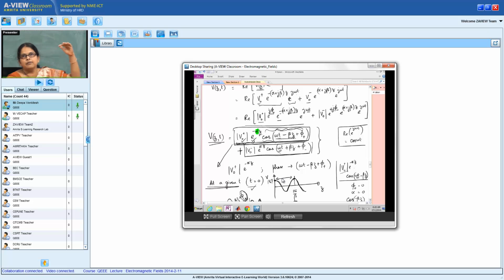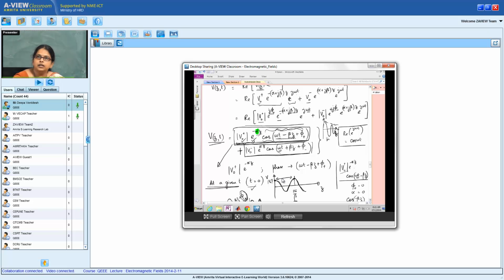If I had non-zero alpha, it would mean that the voltage as a function of position is actually decaying, because there is an attenuating e power minus alpha z factor along the length of the line.